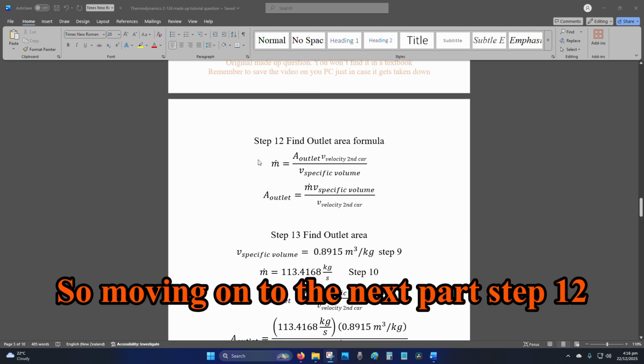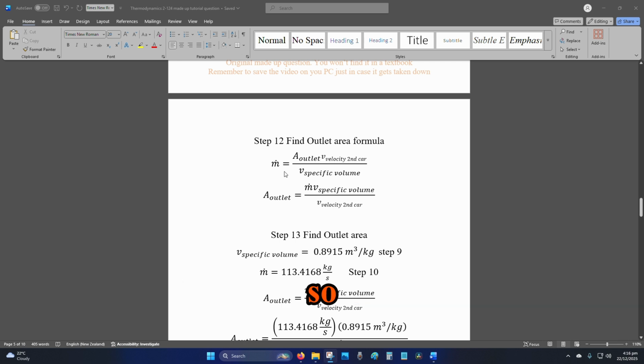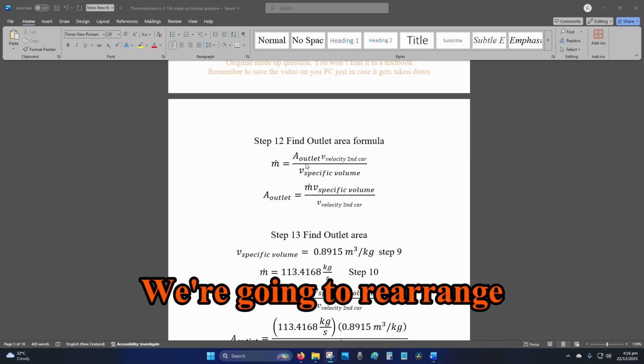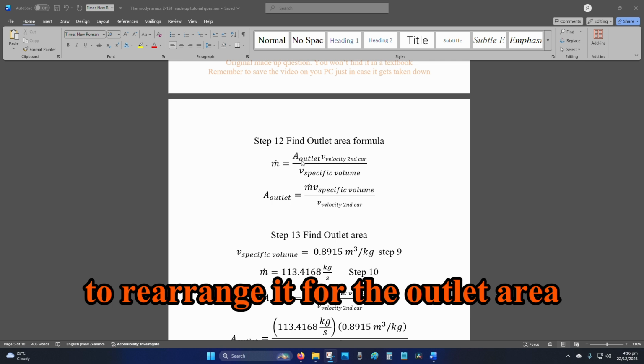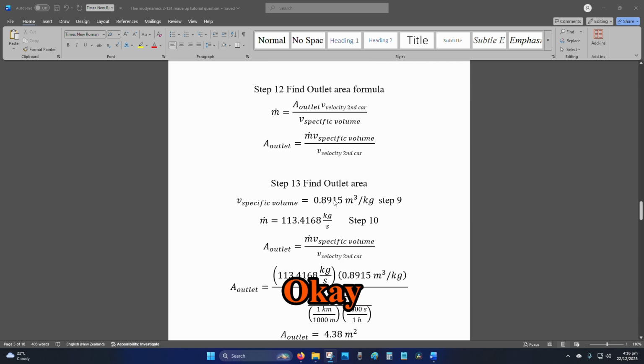So moving on to the next part, step 12, find the outlet area formula. So using a similar equation, we're going to rearrange the mass flow rate, and then we're going to rearrange it for the outlet area. So here's the final rearranged version.